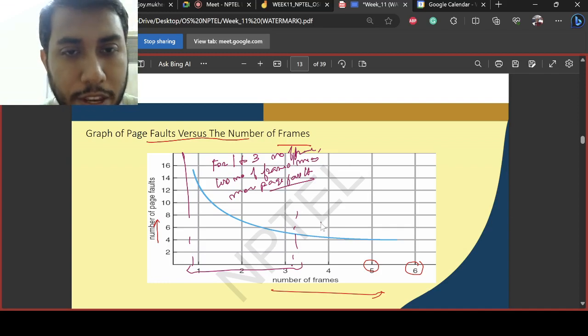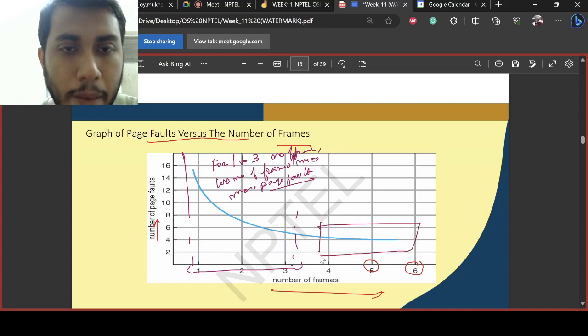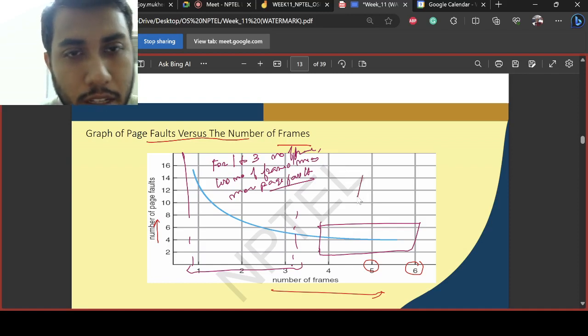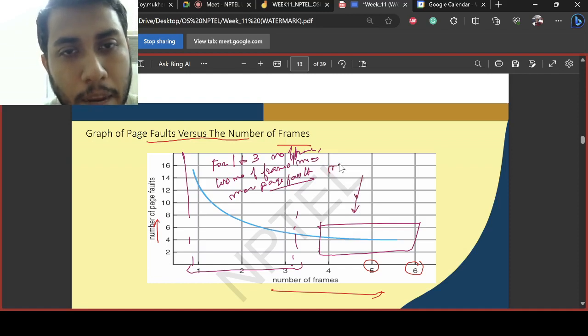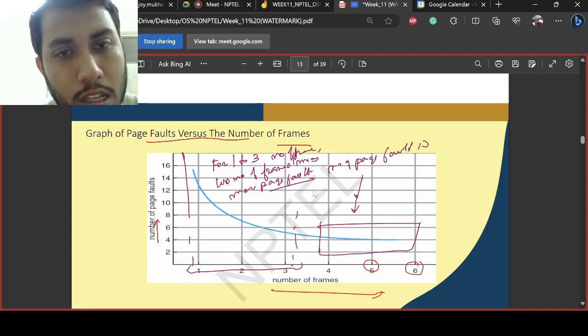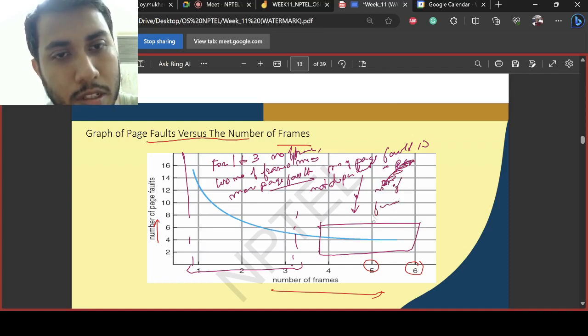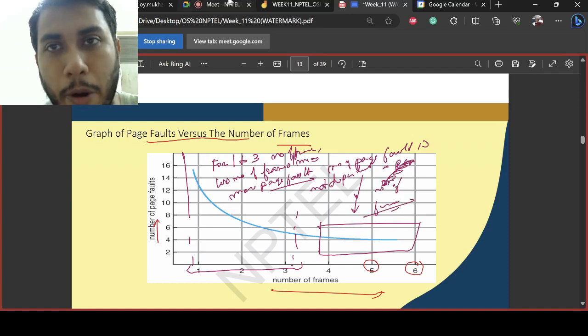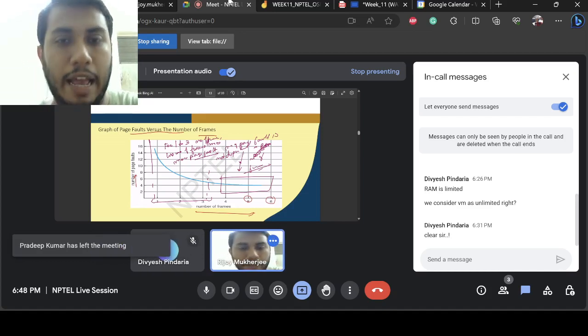But as you notice here, beyond a certain point, the number of page faults is not dependent on the number of frames. Beyond a particular point, it averages out.